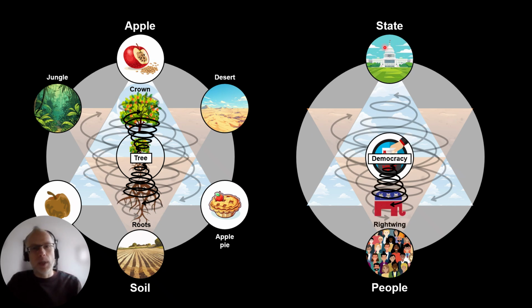And we see that when the state merges in the middle, so people going to vote, then what we get is, for example, a right-wing party. It's a party that represents the state, like the order, the identity towards the people. And it can engage with the people in the form of what the party represents.